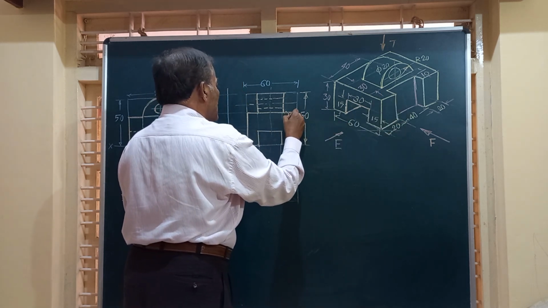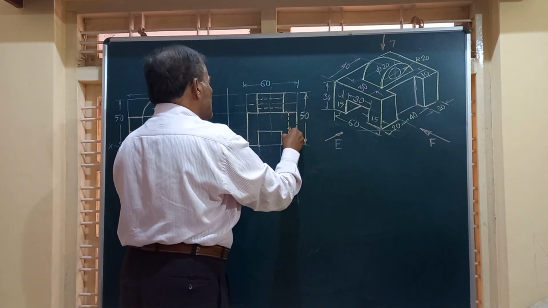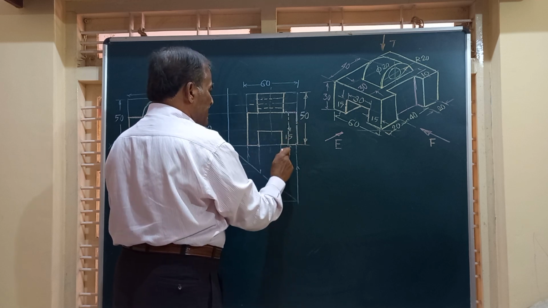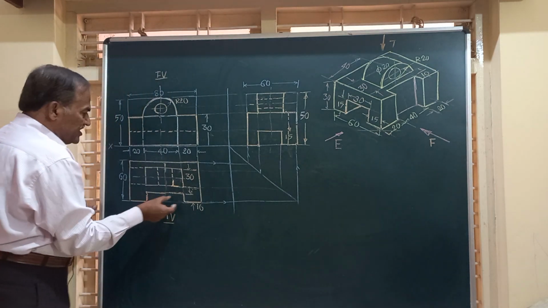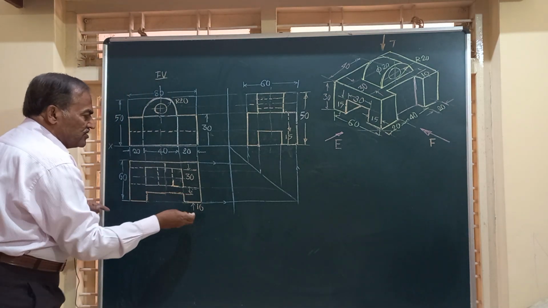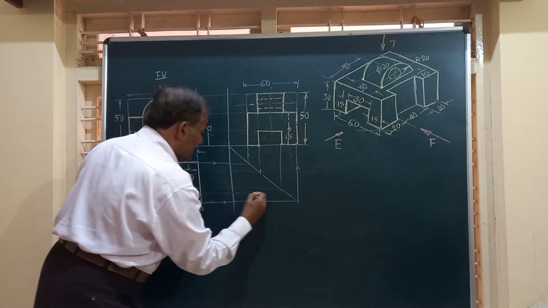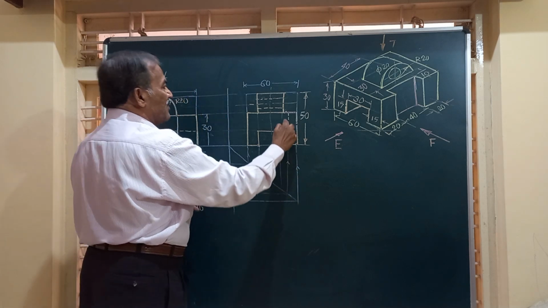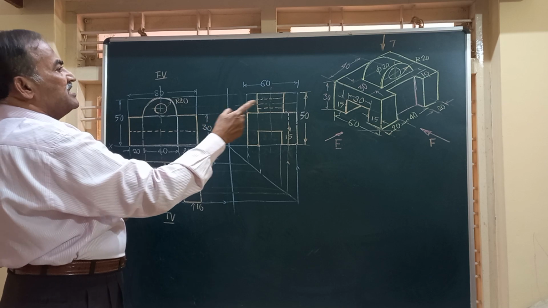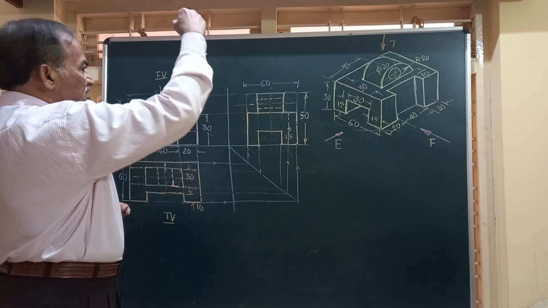So friends, I am going to have here a dotted line. This dotted line will represent this slot, that is 10 mm height. I have marked here. We can simply project from there like that and project it upwards. You will have that. So that is seen in the top view.